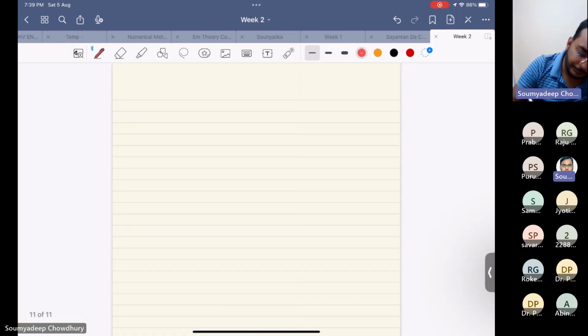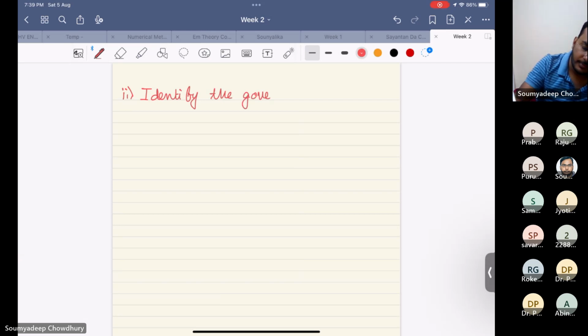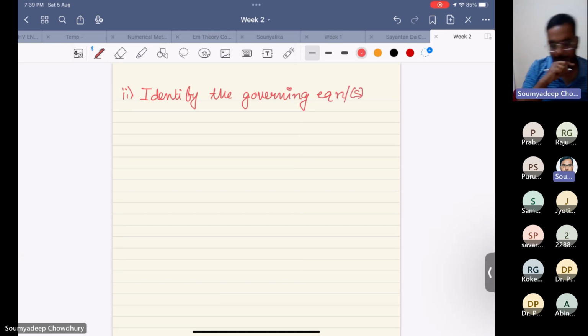So the next step will involve identify the governing equation or equations. There are different field governing equations.